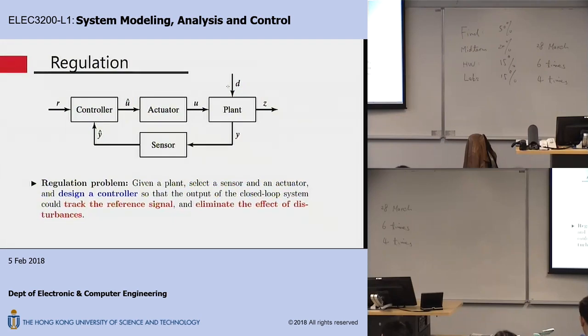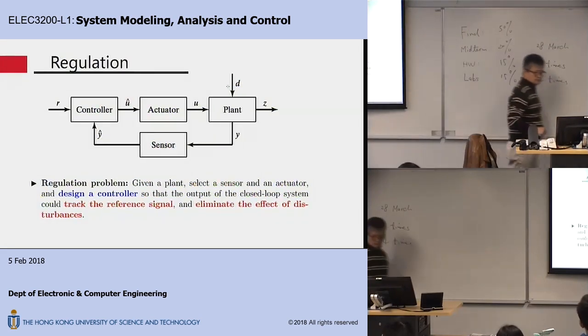Tracking is probably the more important thing. You have something coming in, and this output has to follow it. That's an additional feature in the regulation problem compared to the previous stabilization problem.